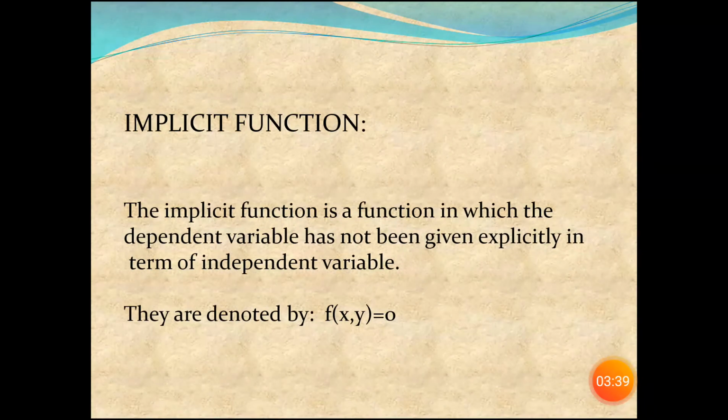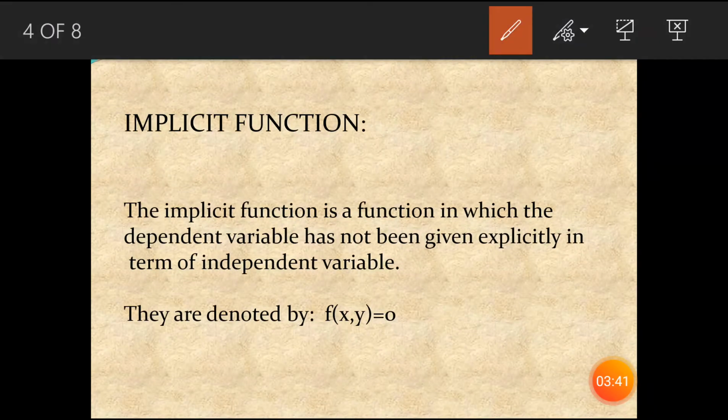Now you see implicit function, that's very easy to understand, just pay attention. An implicit function is just the opposite: a function in which the dependent variable has not been given explicitly in terms of the independent variable. It means it cannot be clearly defined in terms of the independent variable.